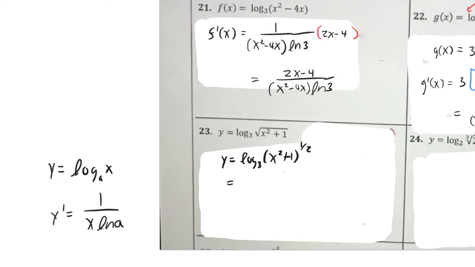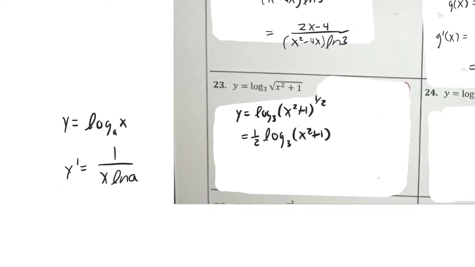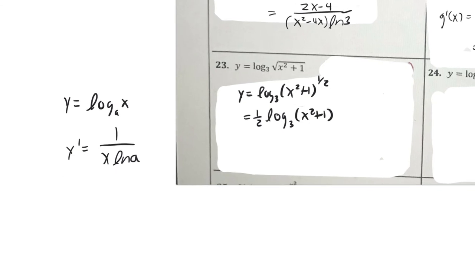It is therefore the case that we could bring that 1/2 out front. So we have 1/2 log base 3 of x squared plus 1. At that point, we're ready to go with the derivative. y prime would be, we always put something in the numerator, so rather than writing 1 up there, I'm just going to leave it blank for now. Down below, we have x squared plus 1, and, oh, by the way, we got to have that 1/2 out front.